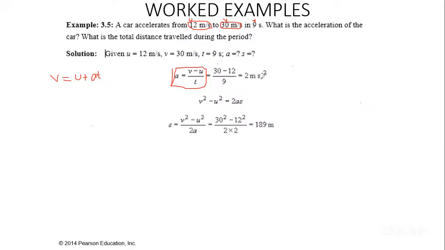Now, the second part of the question says, what is the total distance traveled? You can use s equals ut plus half at squared.